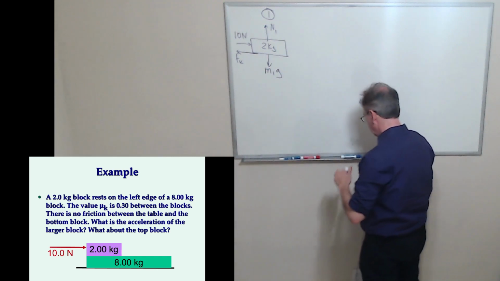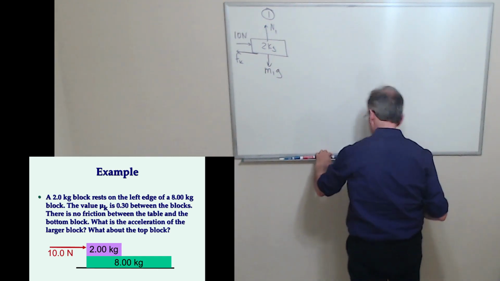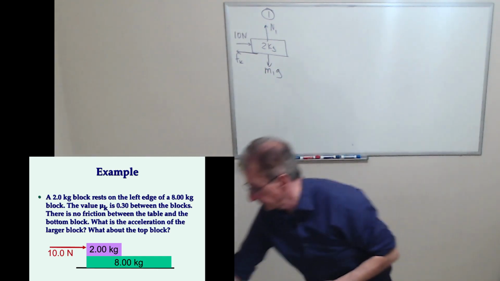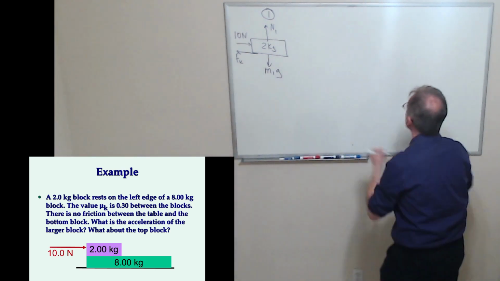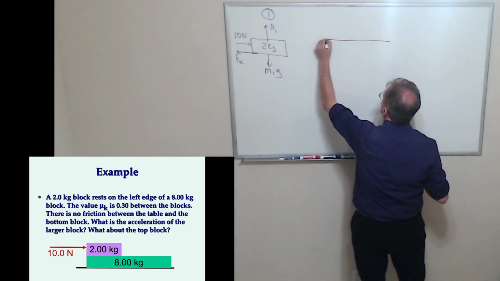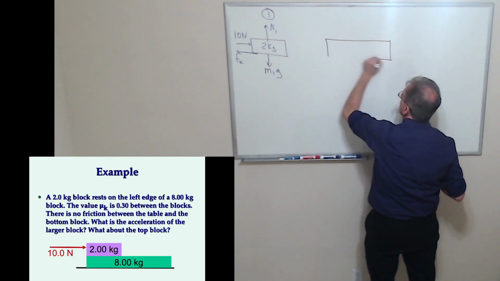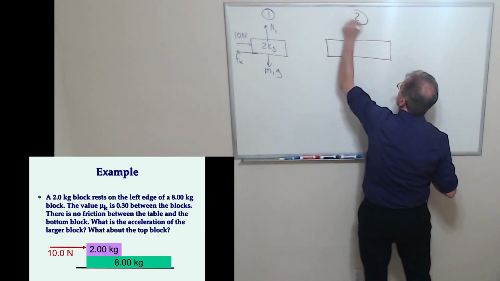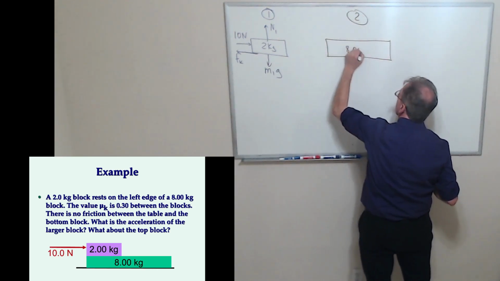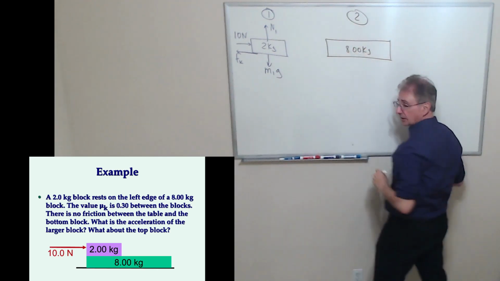The other object, the big object, we'll call object 2. It's 8 kilograms.